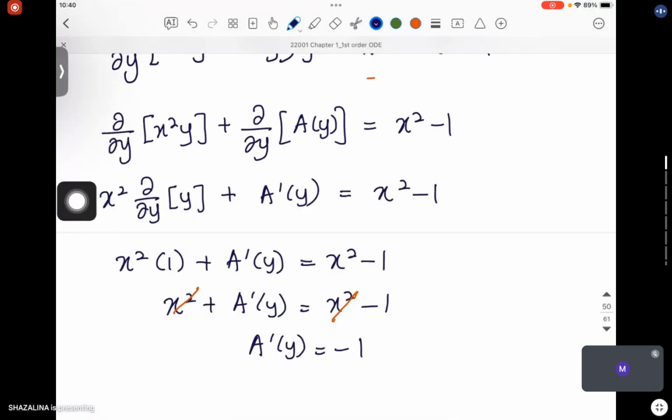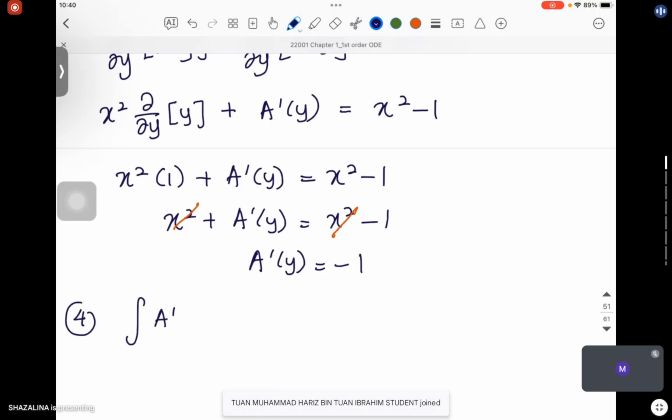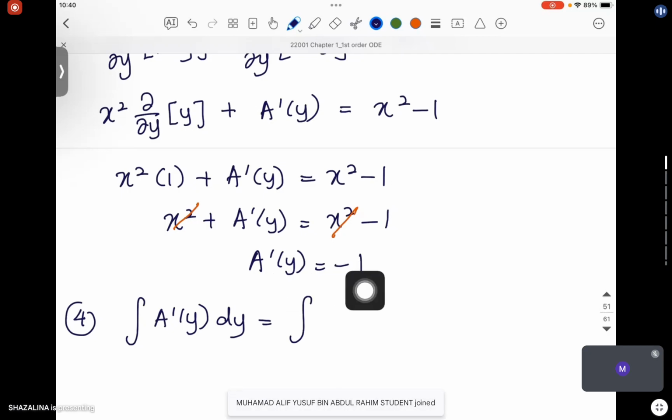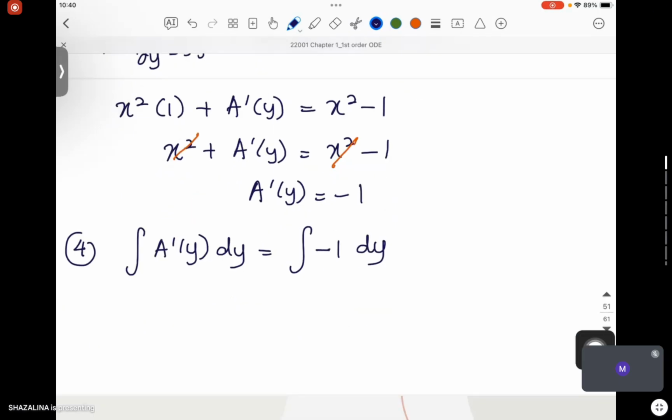integrate. So step number 4: integrate a prime y dy. A prime y is negative 1, so negative 1 dy. Integrating negative 1 will become negative y. Integrating a prime will become a only.